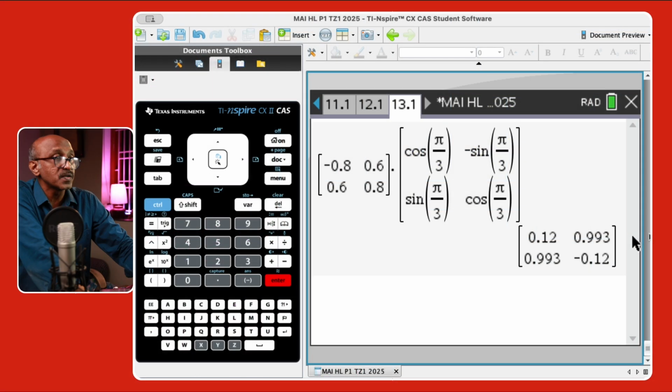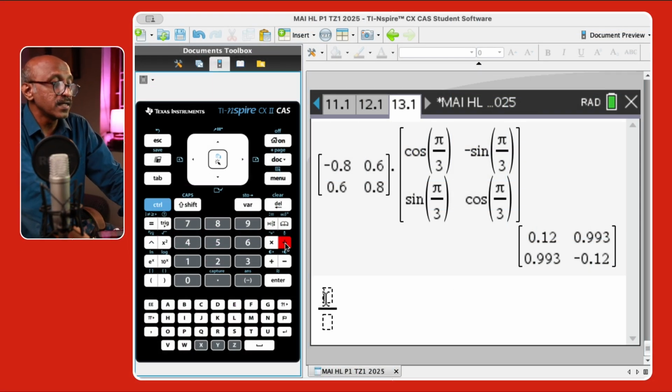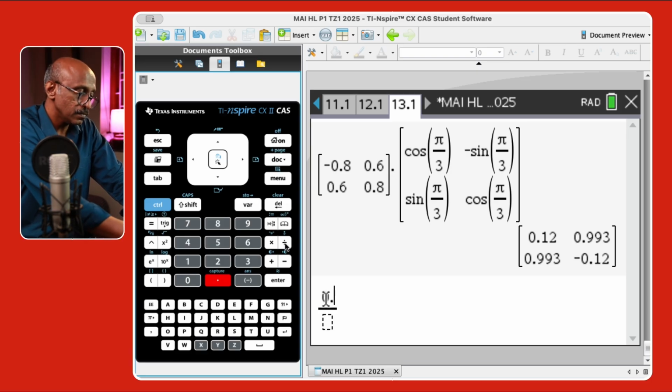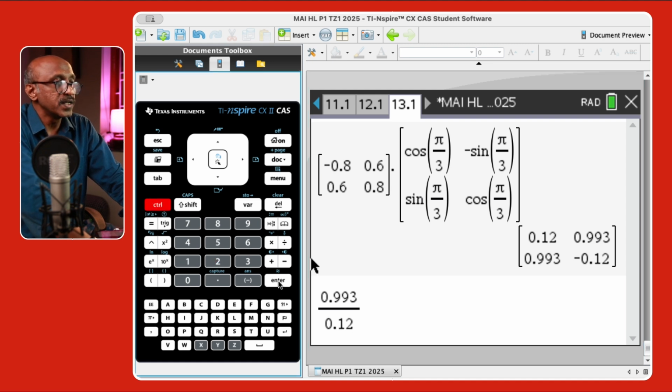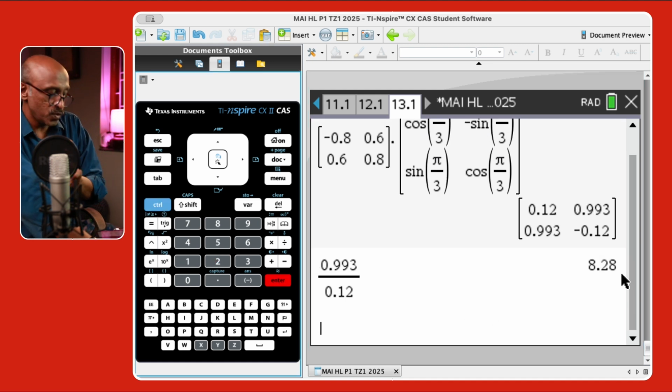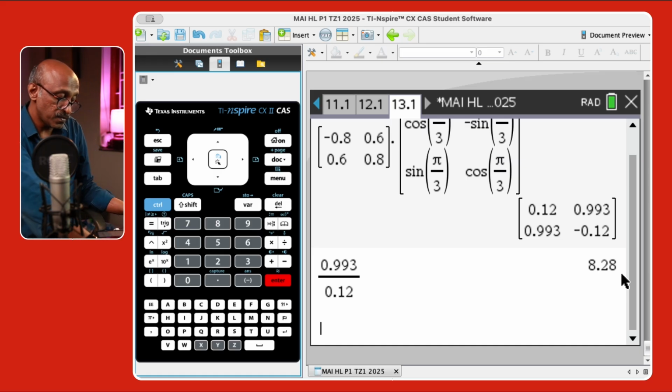Okay, so jumping to the calculator, we want to divide 0.993 by 0.12. When we do that, we get a certain value. This is 8.28. This is tan 2 theta. I'm just going to write that here, 8.28. This is tan of 2 theta, okay?